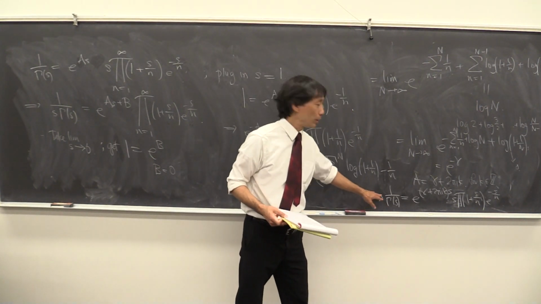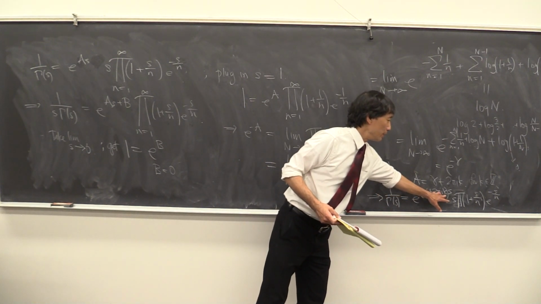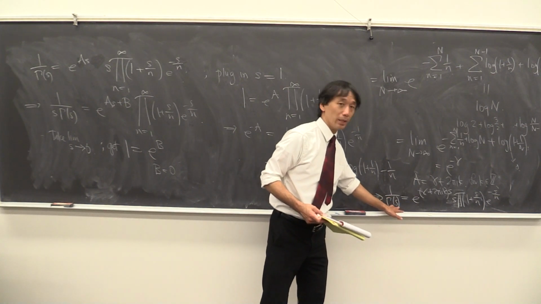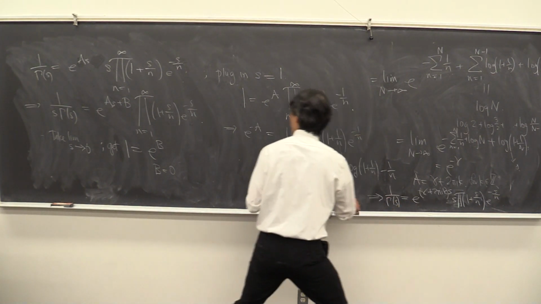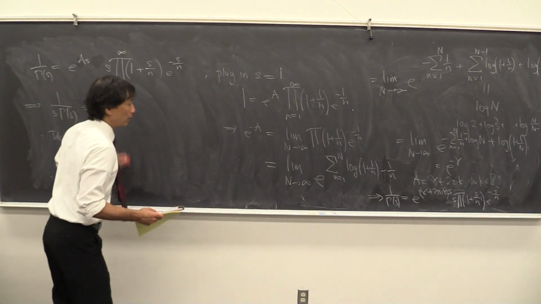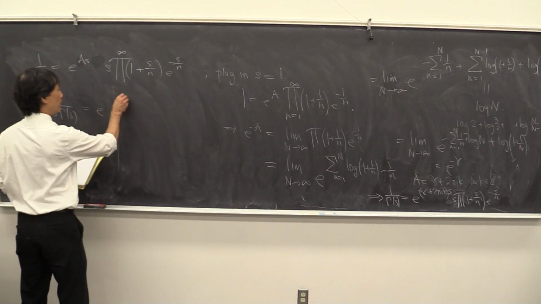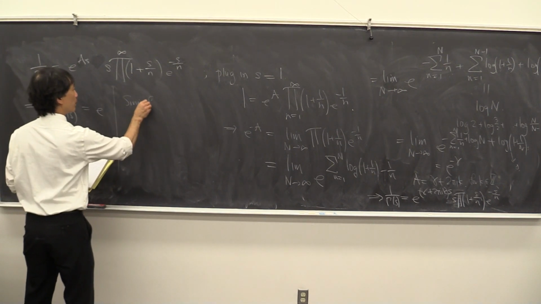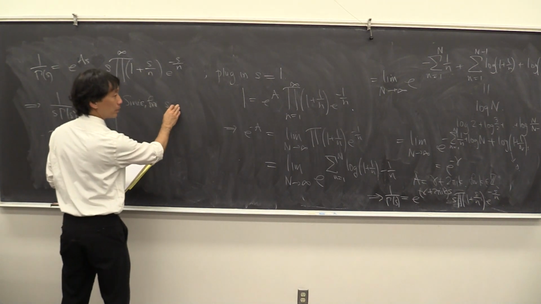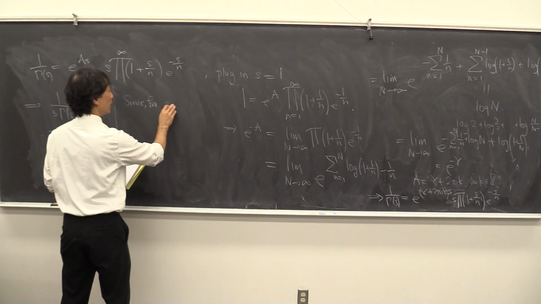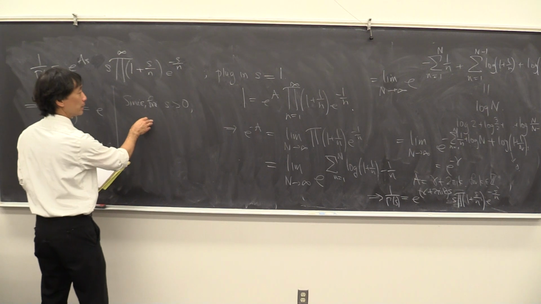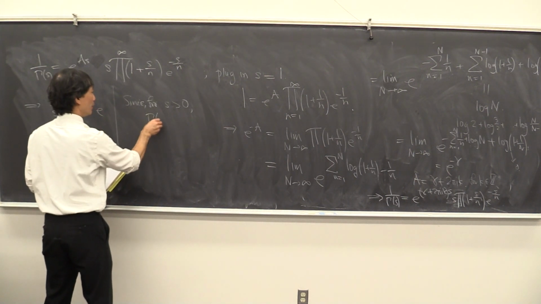Okay, but you can get rid of this 2 pi i k by noticing that for s real, Gamma of s is real.